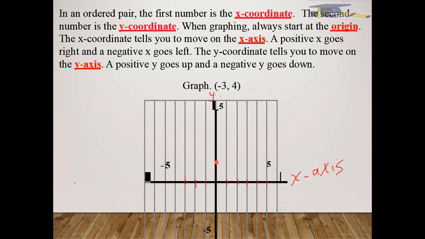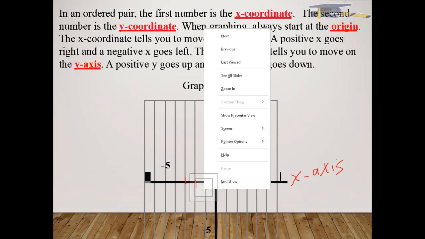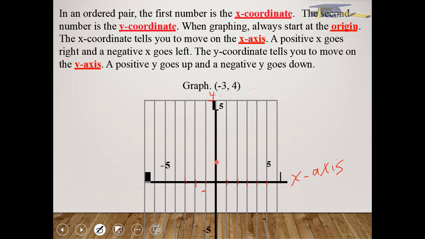So we have here -1, -2, and -3. And we need 4 on the y.